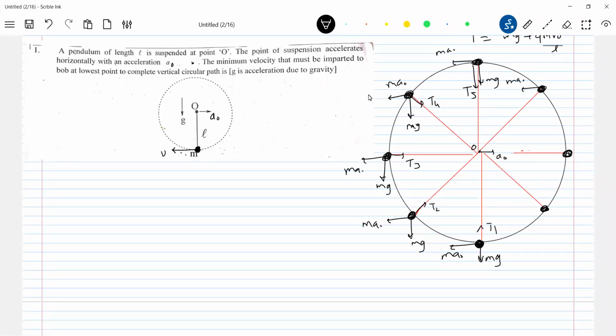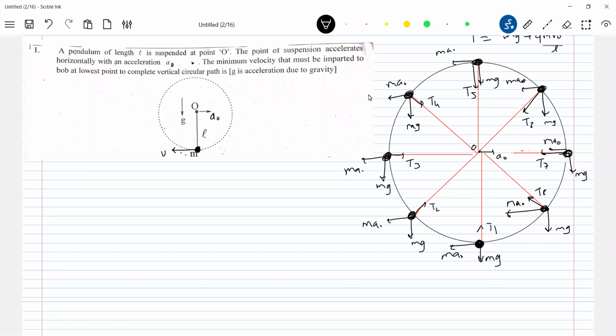Then ma naught, mg, and tension T6. This will be T7, ma naught, mg. T8 and mg, where the critical point can arise.